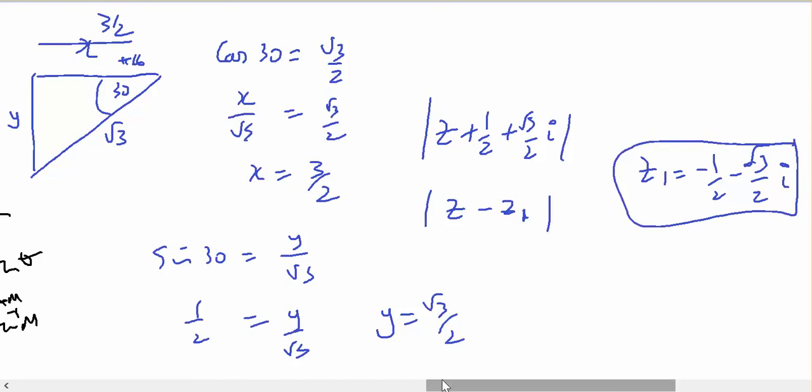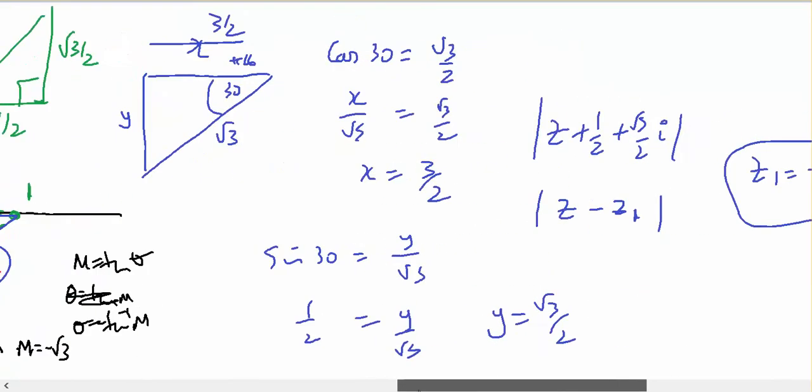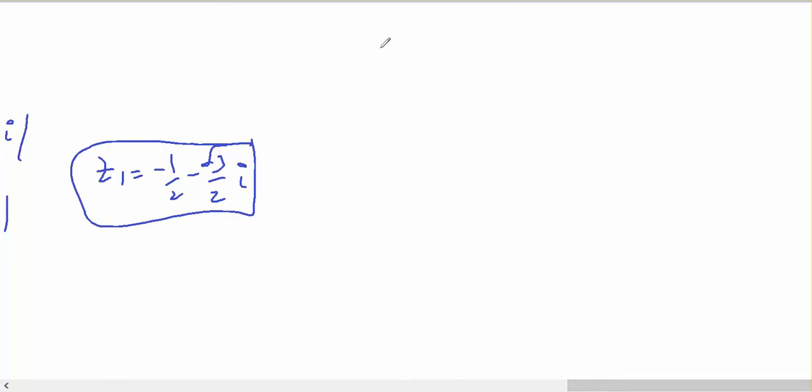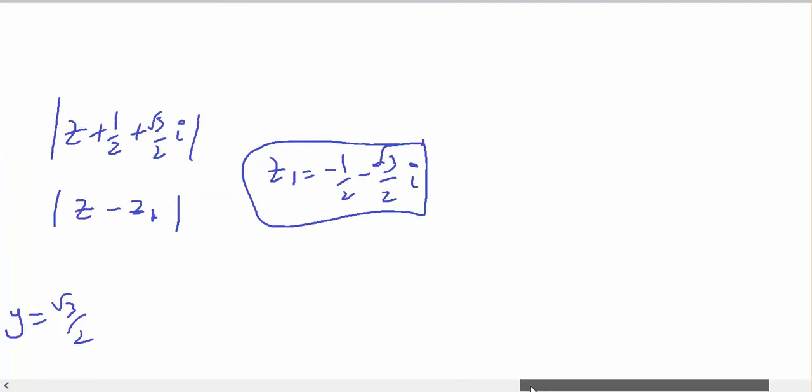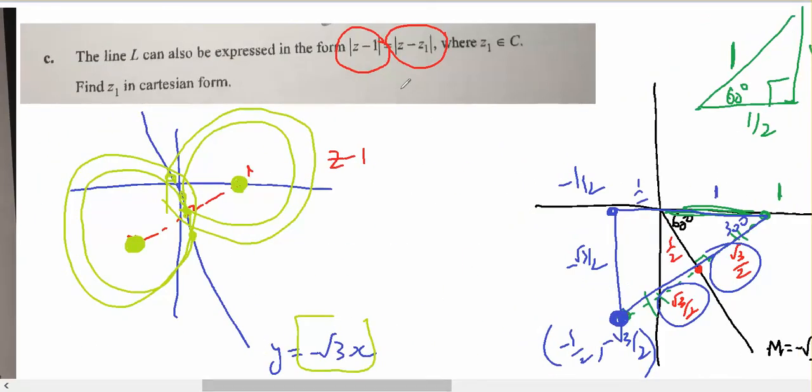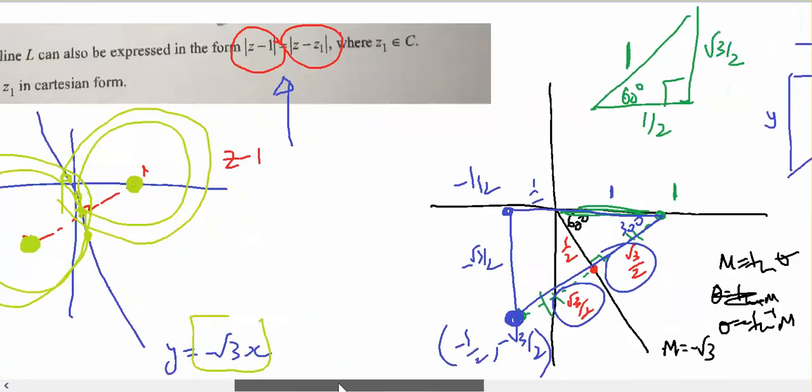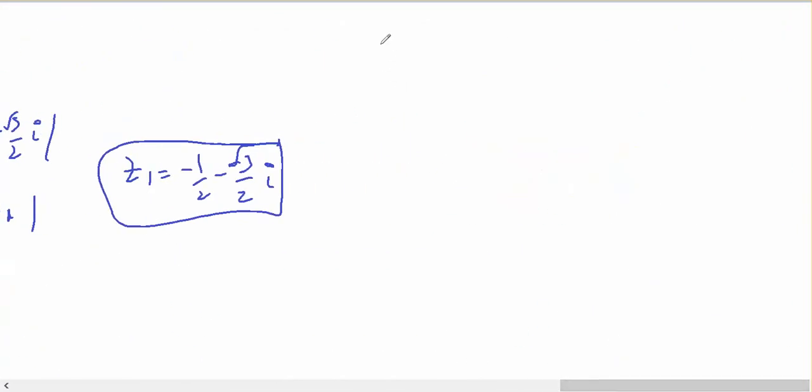Now, just to confirm that that is the case, not that I would need to confirm it, but just so that you're aware that I do actually get the right answer. So I've got |z minus 1| equals |z plus a half plus root 3 on 2 i|.